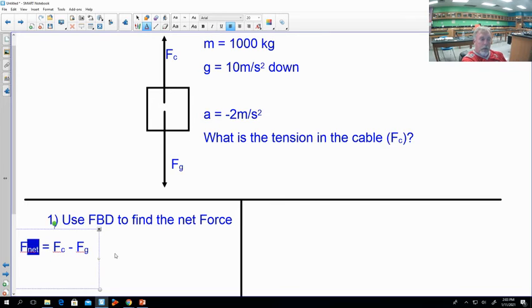Well, the problem also told us the mass of our elevator was 1,000 kilograms, so we can plug that in. F net is equal to FC minus mg. We have mass is 1,000 kilograms, gravity is 10.